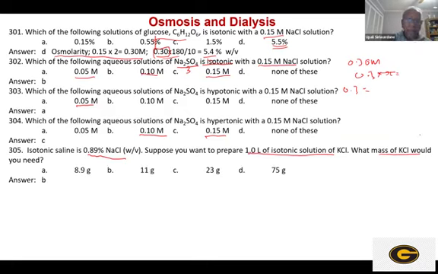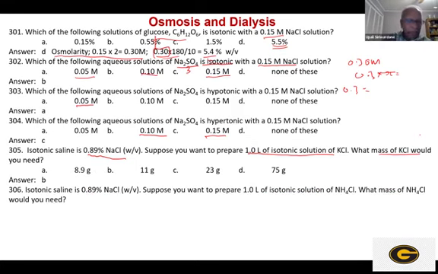I didn't do the calculation. I will put that in the slides. Isotonic saline solution is 0.89. That calculation is not done.